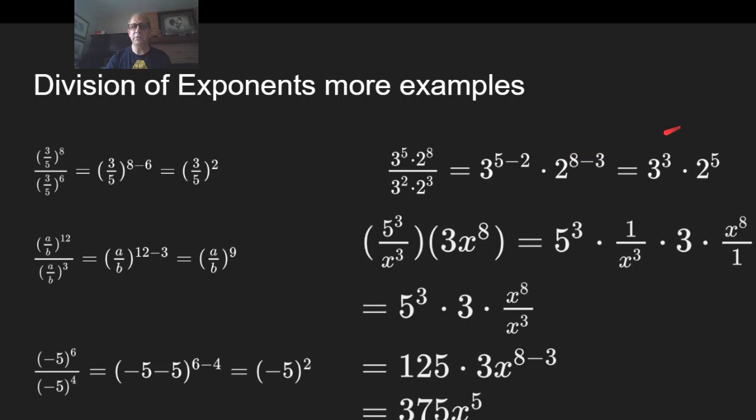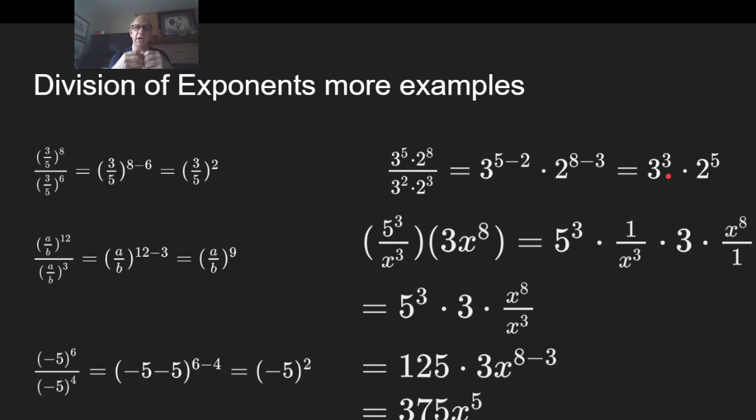And I'm going to do those separately. So 3 to the 5th divided by 3 squared is 3 to the 5 minus 2, and 2 to the 8th divided by 2 cubed is going to be 2 to the 8th minus 3. So I have 3 cubed, because 5 minus 2 is 3, and 2 to the 5th, because 8 minus 3 is 5. So I have 3 to the 3rd times 2 to the 5th.